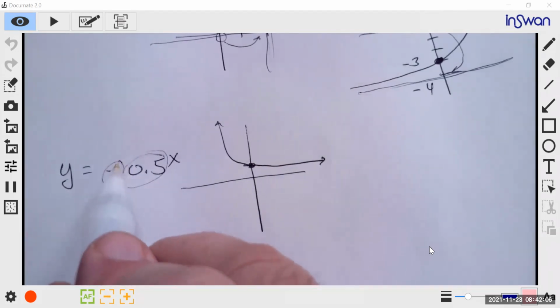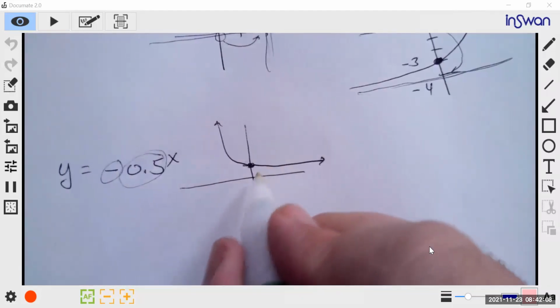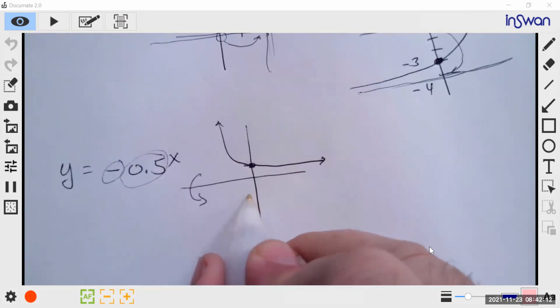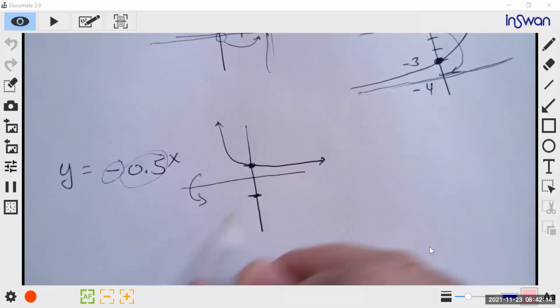And it's negative, so that means I flip it across the x-axis. And now the graph looks like this.